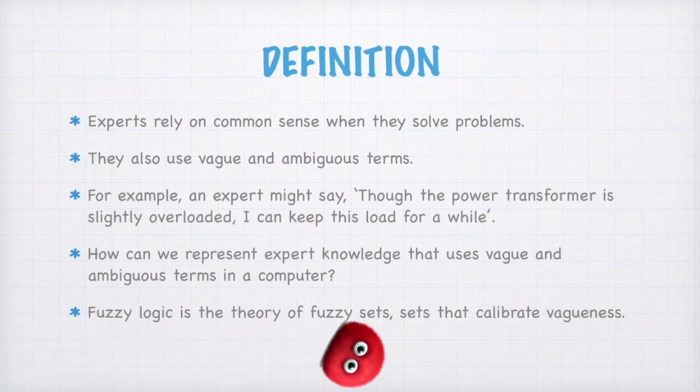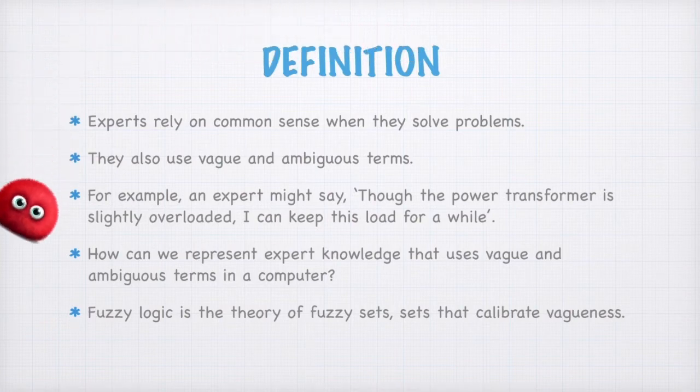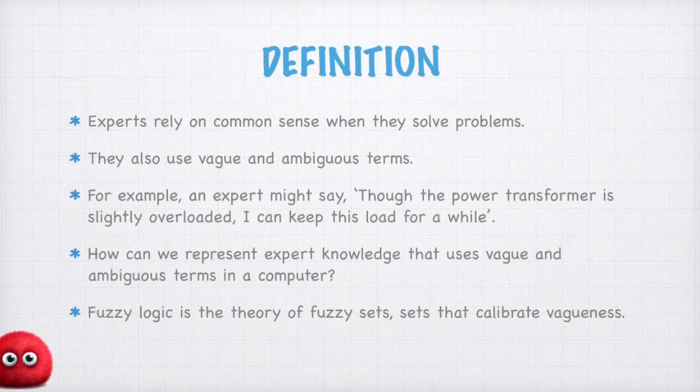How are we going to look at the value of slightly overloaded and how long is for a while? Can we represent these terms, which are vague and ambiguous, in a computer? Fuzzy logic is the theory of fuzzy sets that we can use to calibrate vagueness.